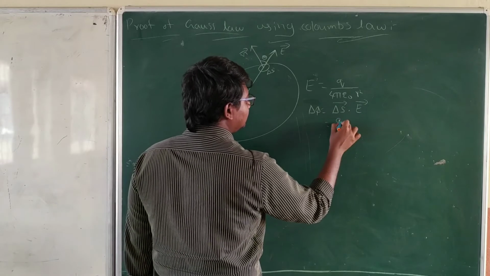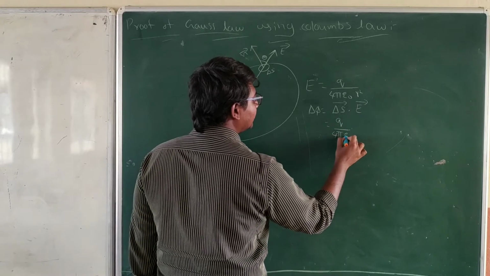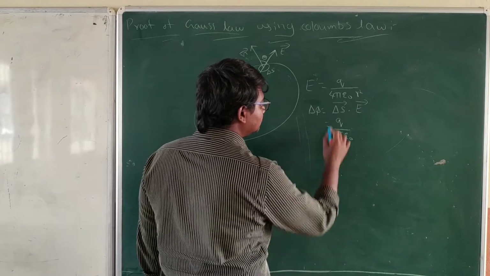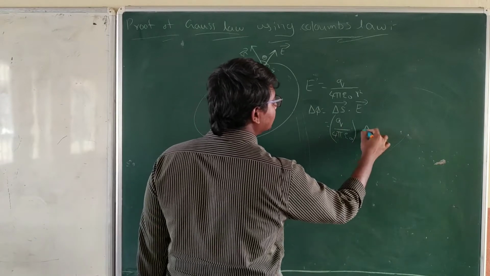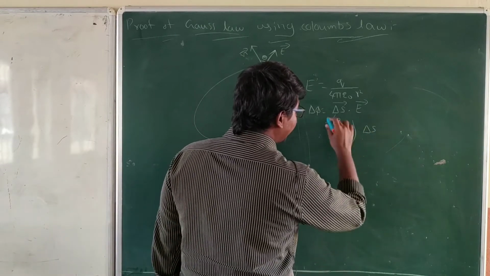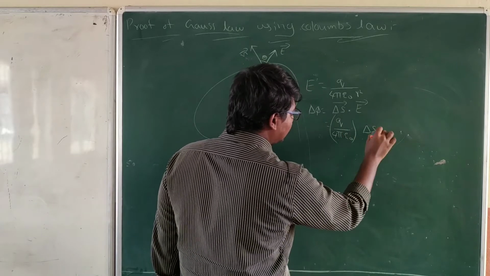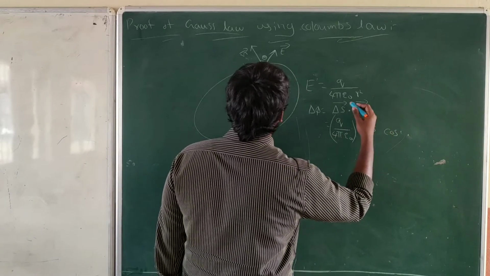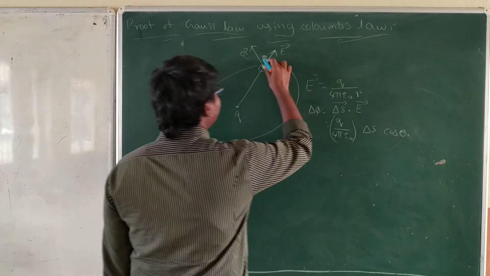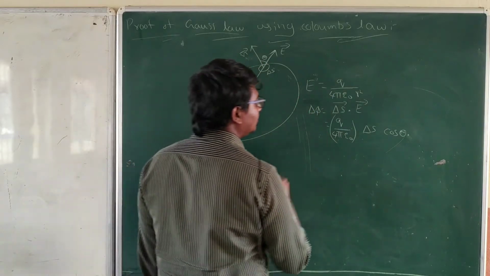Delta phi is equal to delta S and E. What is E? E is Q by 4 pi epsilon naught R square. The angle between them, as the product is a dot product, will give cos theta. The angle is theta, that's why cos theta.